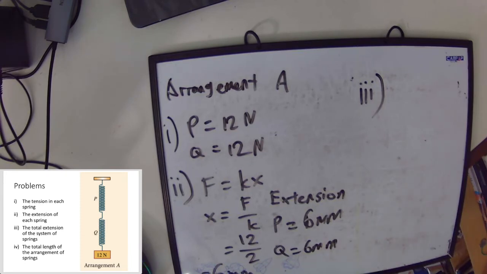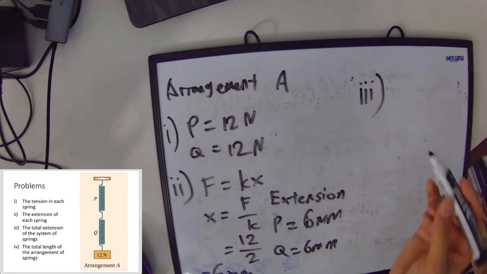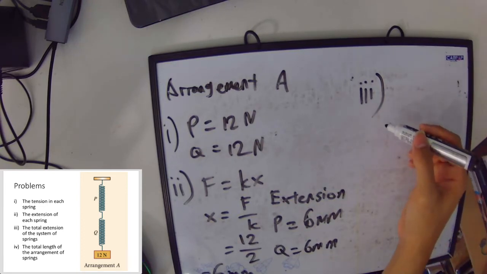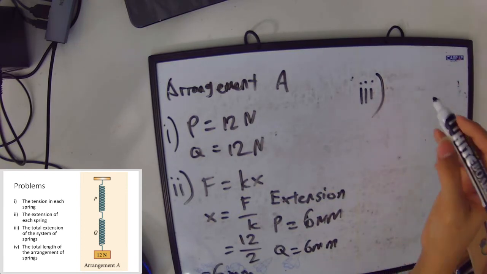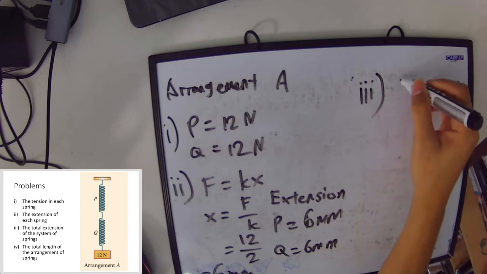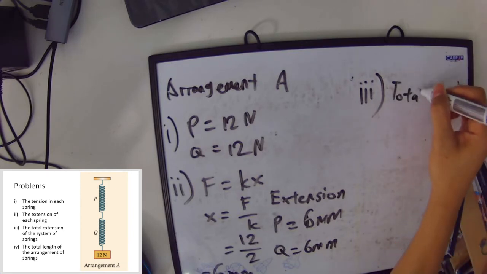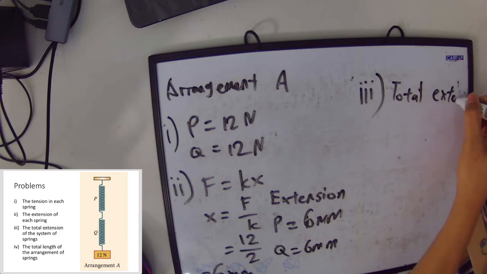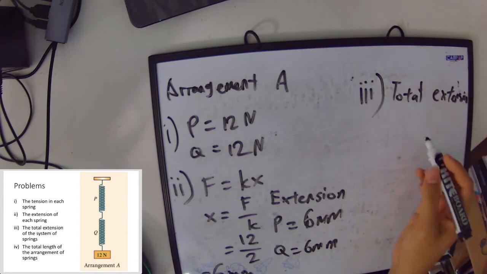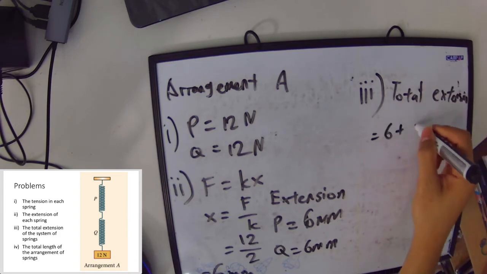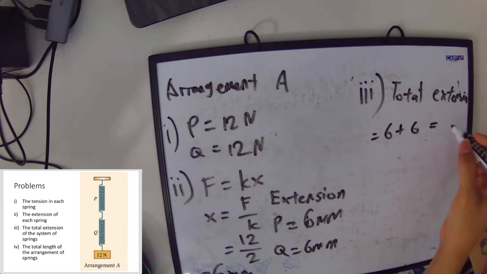So total extension will be 6 plus 6. So you have a total extension of 12 millimeters.